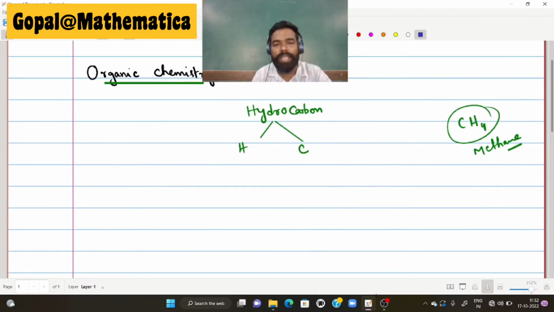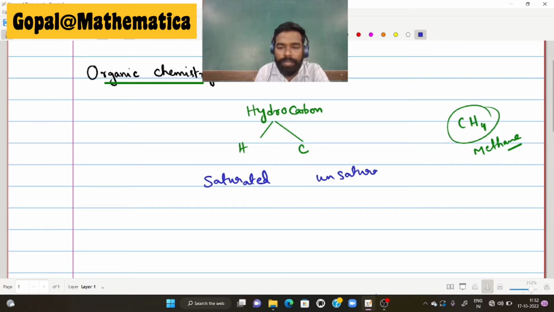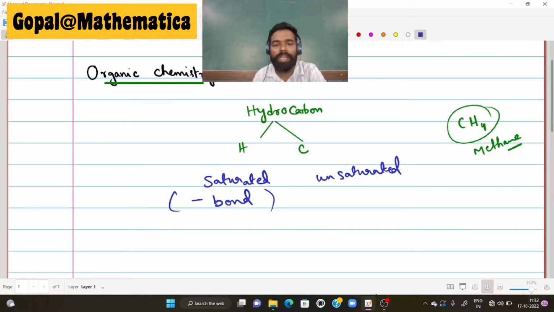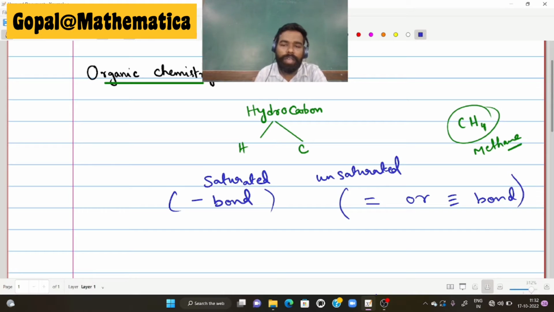After this, we see the types of hydrocarbons. Hydrocarbons are of two types: one is saturated and the other is unsaturated. What is saturated and unsaturated? Saturated means the hydrocarbon is formed by single bond linkage. If there are single bonds in the compound, then we say it is a saturated hydrocarbon, and if there is a double or triple bond, then we say it is unsaturated.